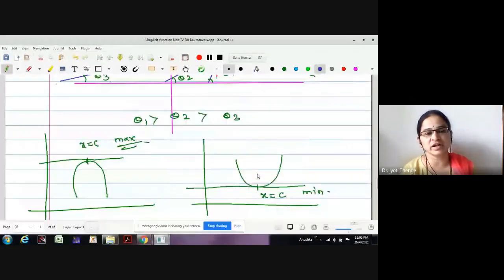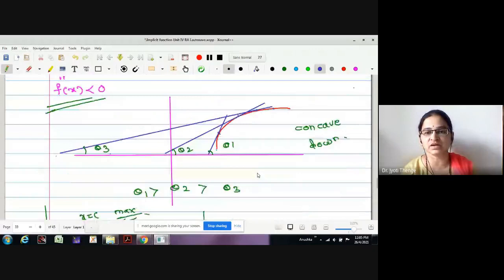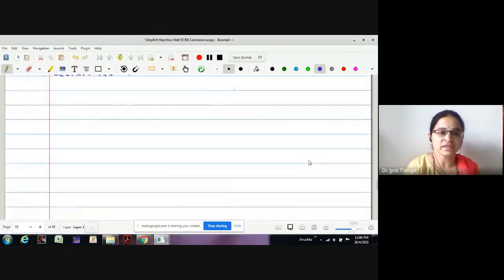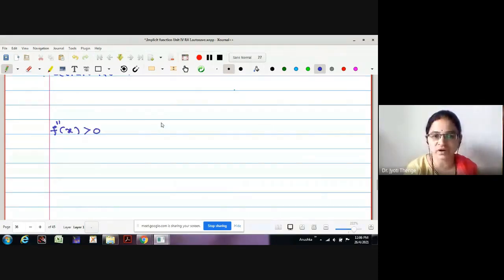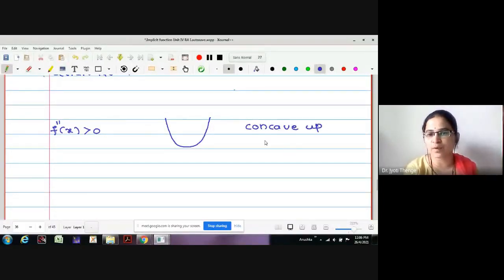Similarly, for the second order derivative to be less than 0, that is negative, the nature of the curve is concave down. So the concept we studied in the last lecture is, whenever the second order derivative is greater than 0, the nature of the curve is of this type. This is called concave up, or one can call the function a convex function.